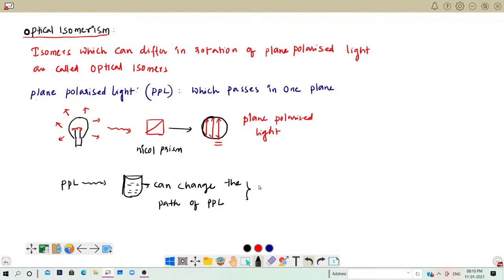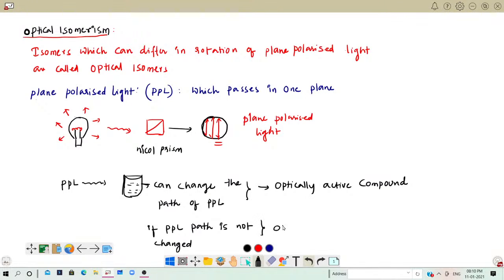Then this compound is said to be an optically active compound. And if the PPL path is not changed, then the compound is optically inactive.